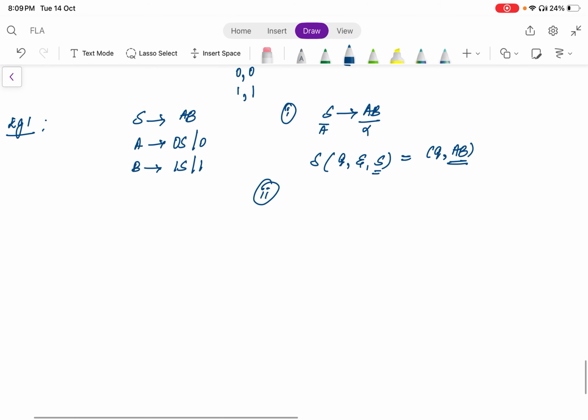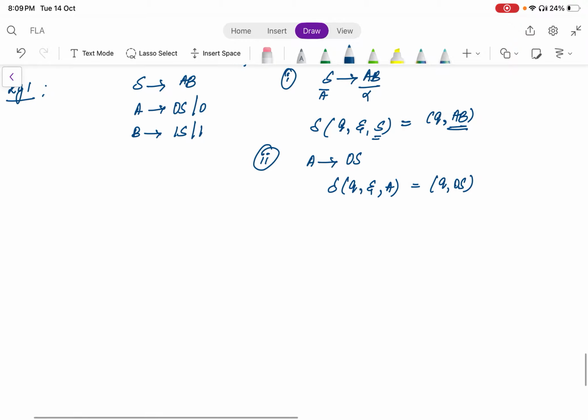Now take the second one. A tends to 0S or 0. First let's do for A tends to 0S. So that is delta of Q comma epsilon comma A is equal to Q comma 0S. Right side of your transition, left side of your transition. Now we will do for A tends to 0.